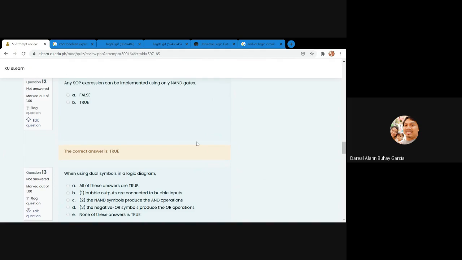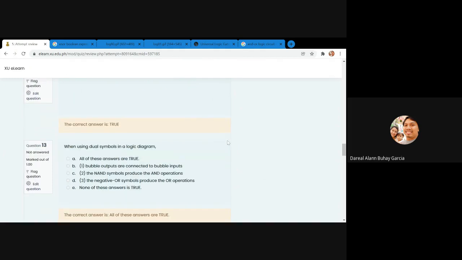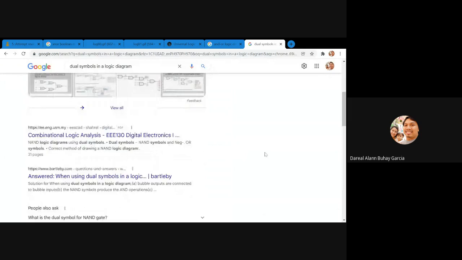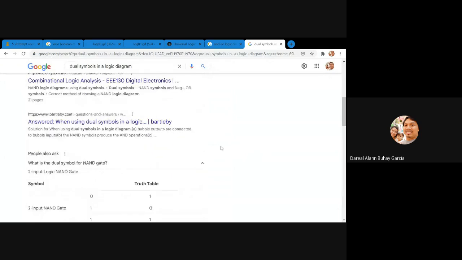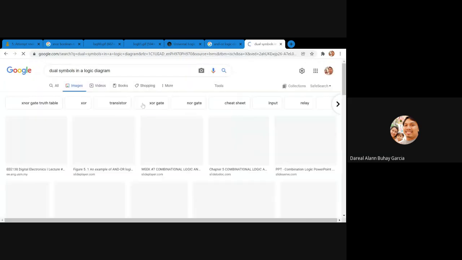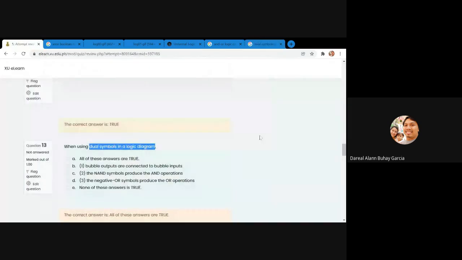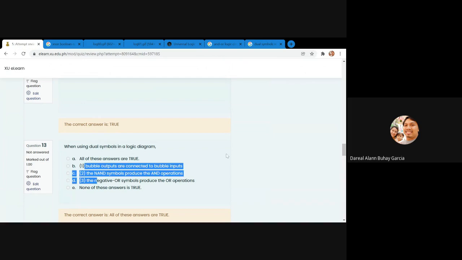All of these are true daw. Dual symbol. True daw ni. Okay.